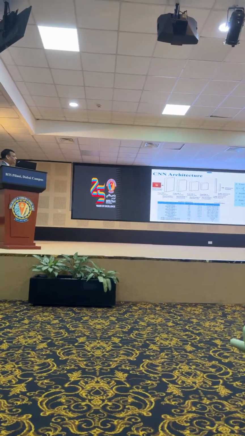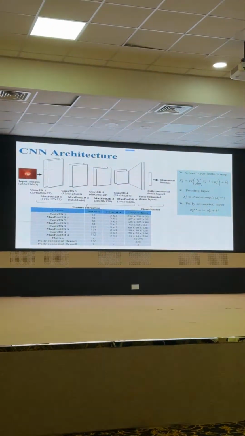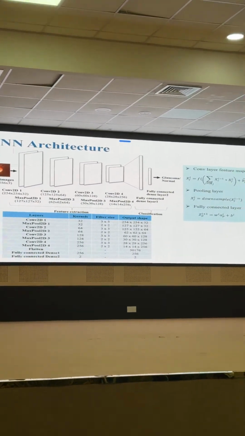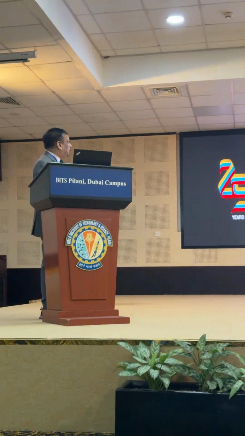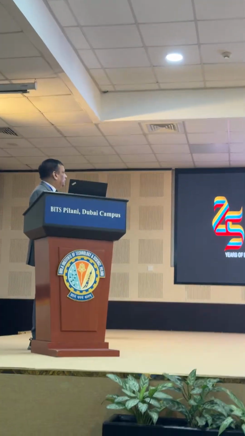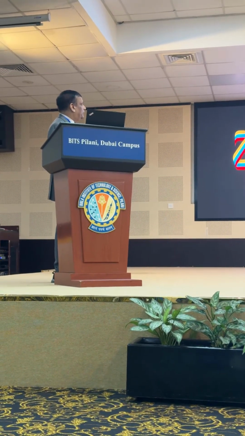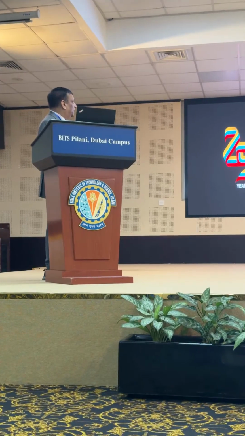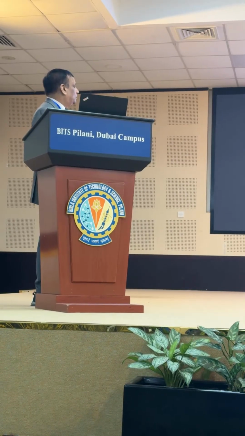Some of you are familiar with this: you start with input images of a certain size and take them through the convolution layers. The number of layers depends on what you want to do. In our case, we took 4 convolution layers followed by 2 fully connected layers, overall 6 layers. Your convolution layer picks up the feature map, the pooling layer helps you downsample, and the fully connected layer helps you classify. That is the process you typically find in textbooks, and you also apply it in classroom exercises.